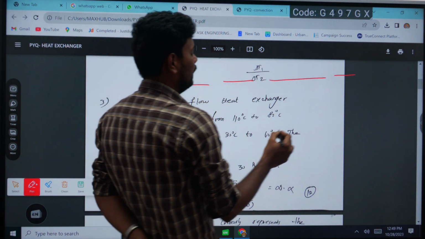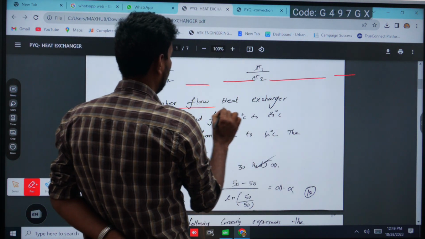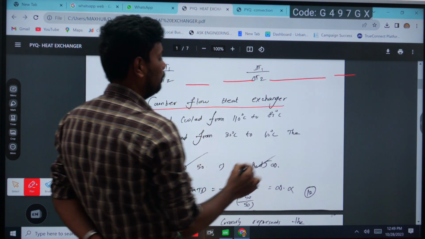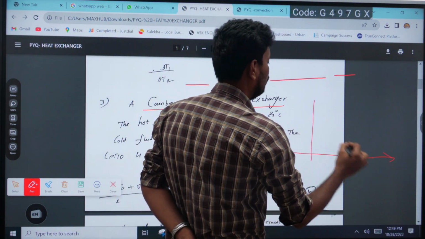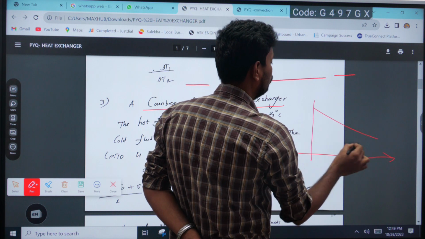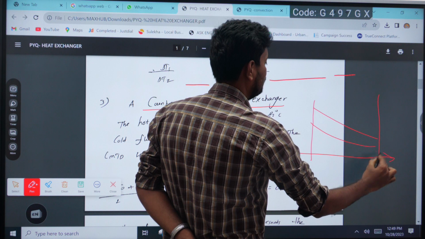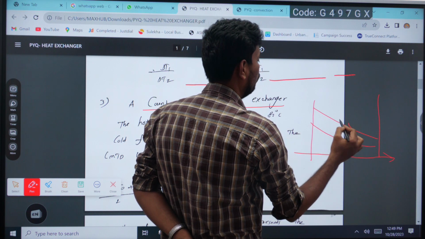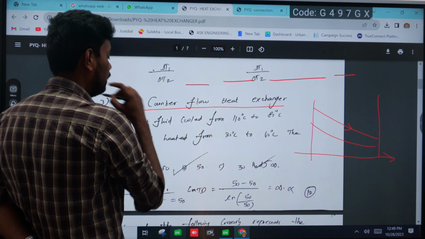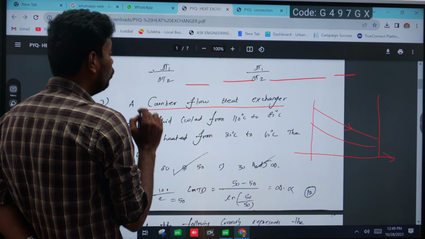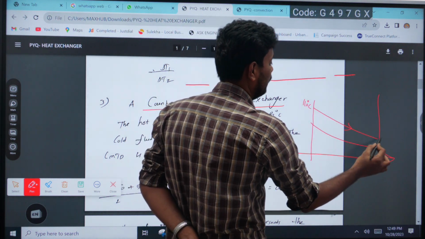Okay, so what type of heat exchanger is this? First you see, it is a counterflow heat exchanger. Then you just make a diagram for the counterflow heat exchanger. In a counterflow heat exchanger, both fluids move in opposite directions. Let us take this as the hot fluid moving from here to here, and it is given as cooled from 110 degrees Celsius to 85 degrees Celsius.